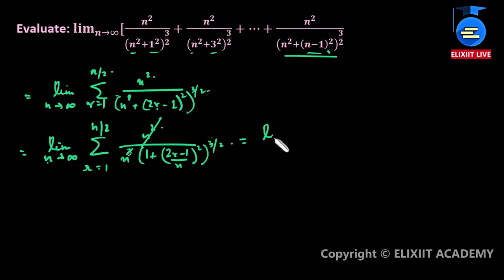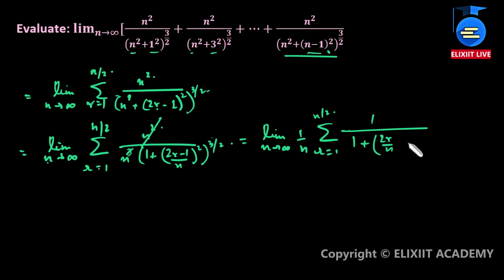So we have limit n tends to infinity 1 by n summation r equals 1 to n by 2, and this is now 1 upon n times 1 upon 1 plus 2r by n minus 1 by n the whole square, whole to the power 3 by 2.